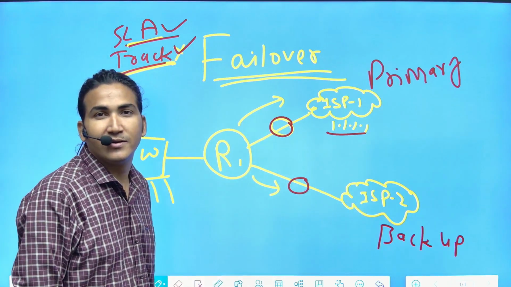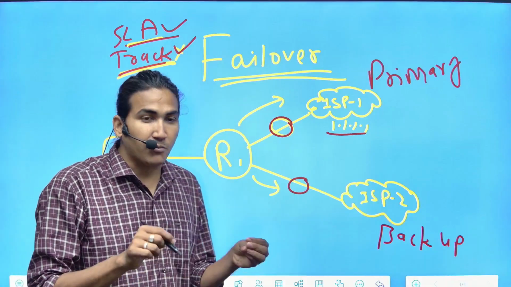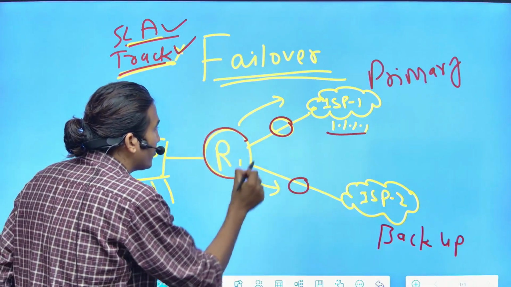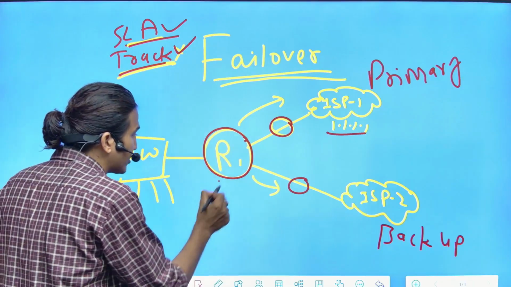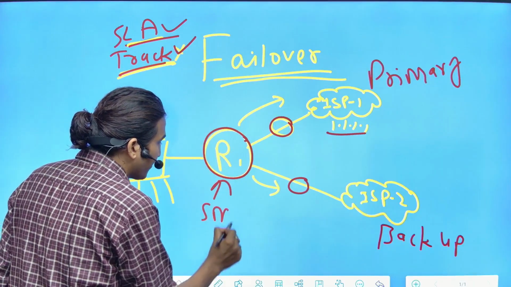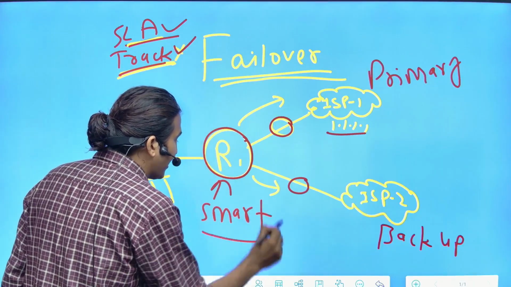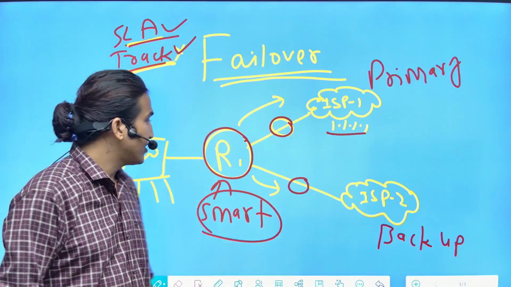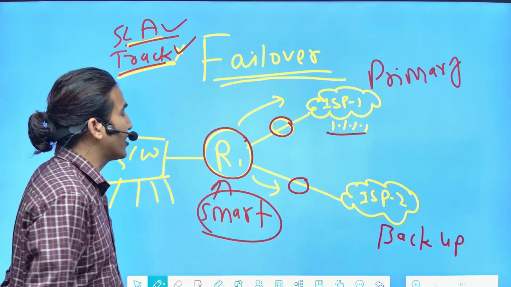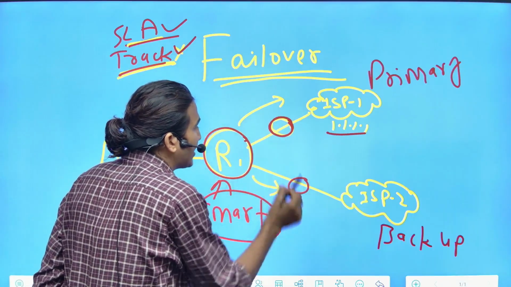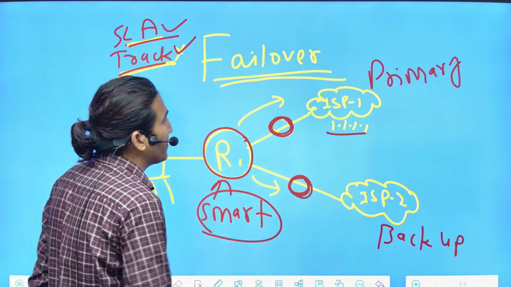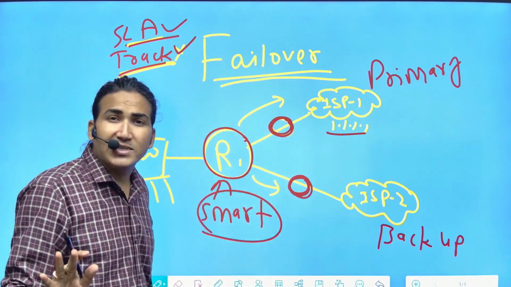But which link is behaving better? The ISP2 link. So if I talk about the modern failover, first you need to replace this router. Here you need to install a smart router, which is your SD-WAN WAN edge device, vEdge and cEdge. This smart router will be checking the quality of these two links.